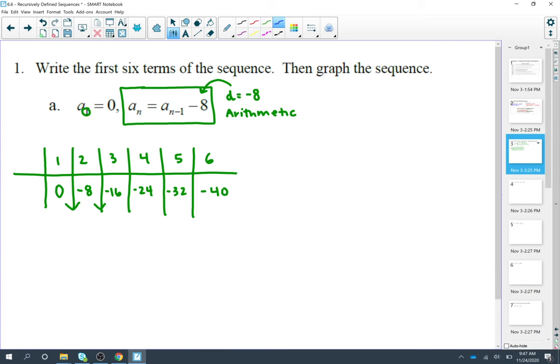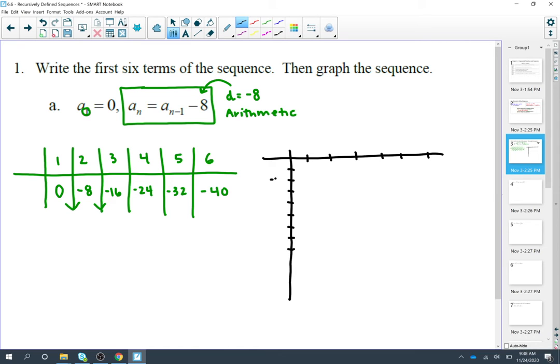Now we have to graph this. So for my graph, I'm going to set up essentially my 4th quadrant. 1, 2, 3, 4, 5, 6. And then I'm going to do -5, -10, -15, -20, -25, -30, -35, -40.